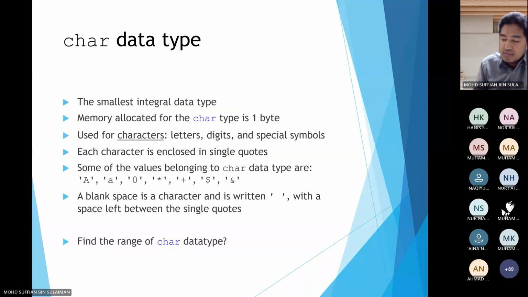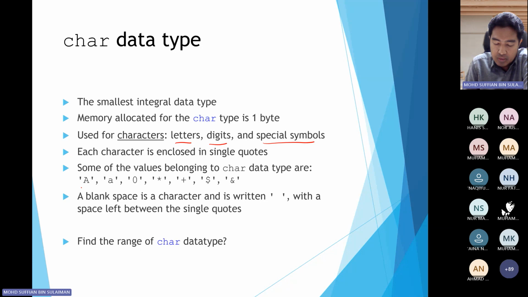Right, next. Char data type. The smallest integral data type. Memory allocated for char type is 1 byte. It is used for characters, letters, digits, and special symbols. Each character is enclosed in single quotes.